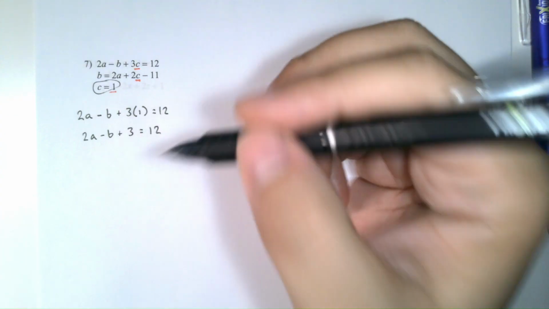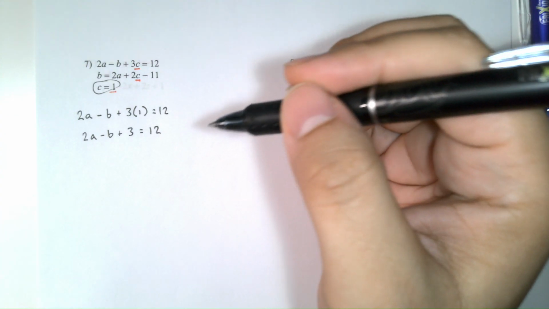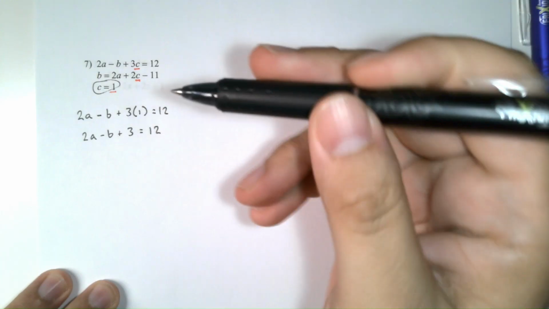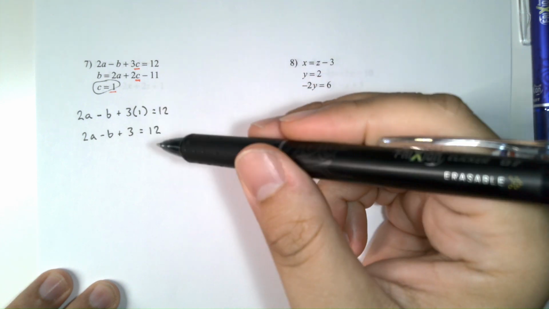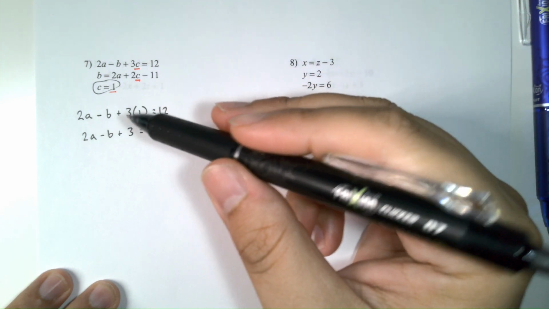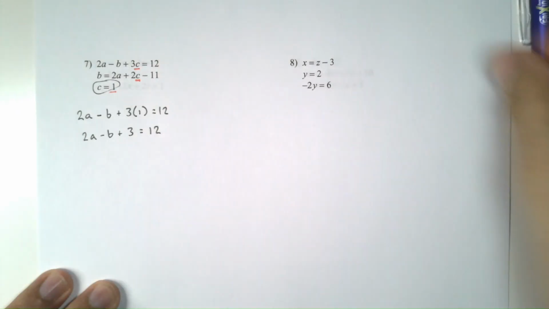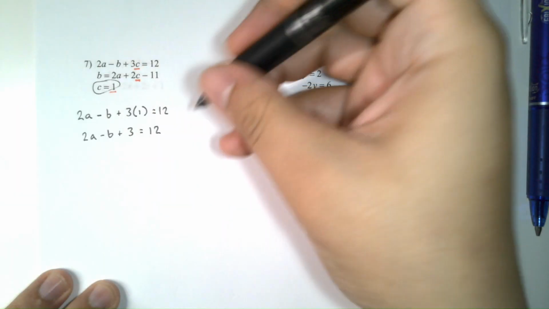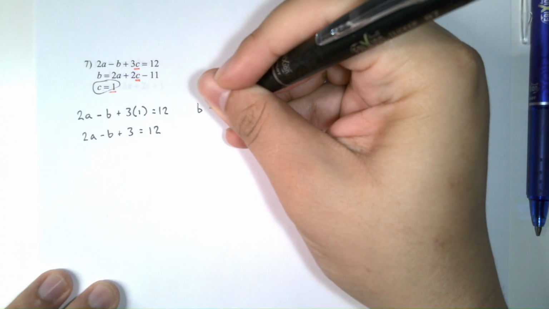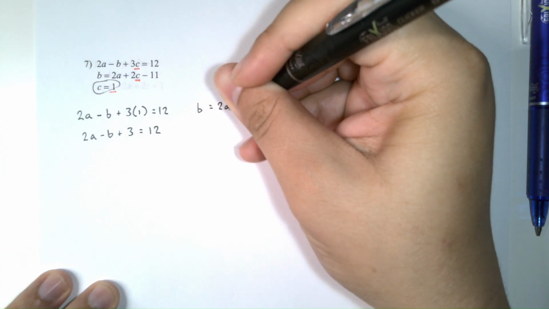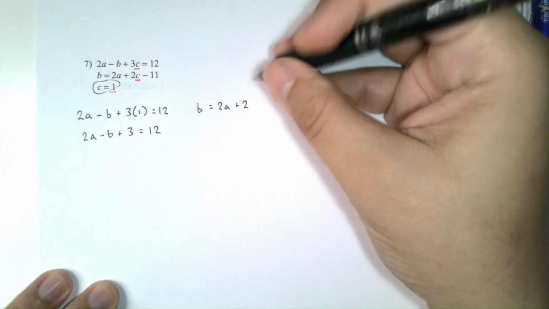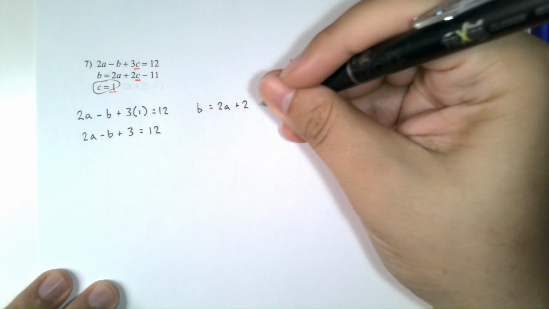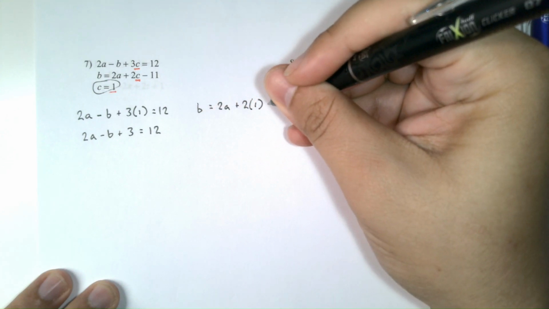Okay, that's fine. I'll just leave that as is for now. I know that I can subtract 3 and simplify this a little bit, but it's not too important right now. What we want to also notice is that with the second equation, we have b is equal to 2a plus 2c minus 11. Because we know that c is equal to 1, I'm going to swap out c with 1.